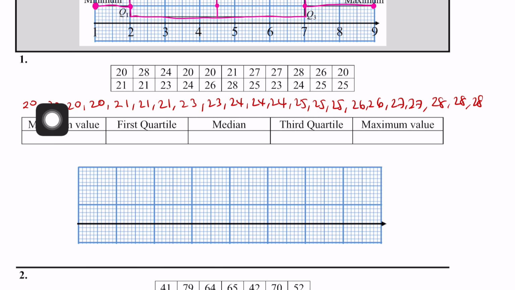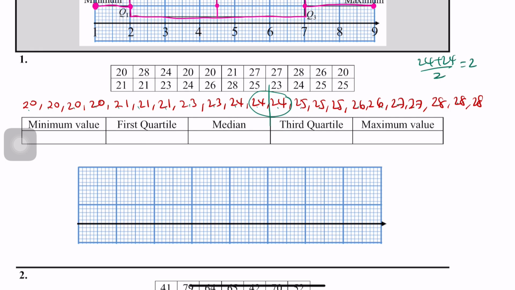So 11, and 11. Okay, so this is the median. So 24 plus 24 divided by 2 is 24. So median is 24. And then we need to find the first quartile.